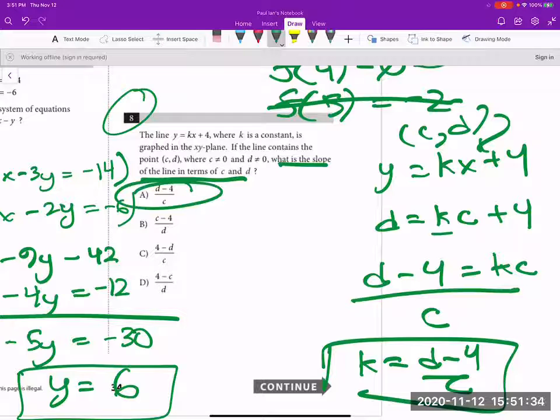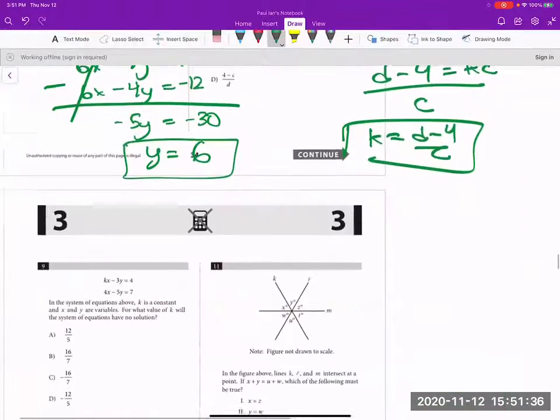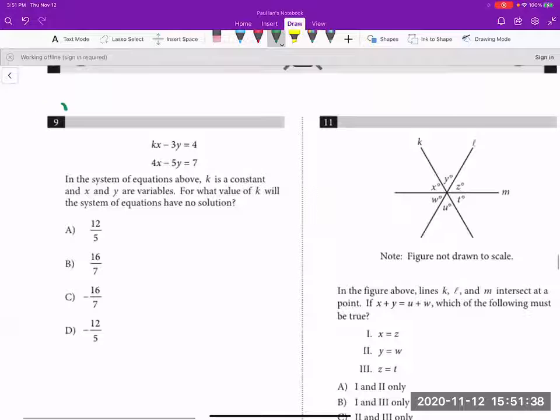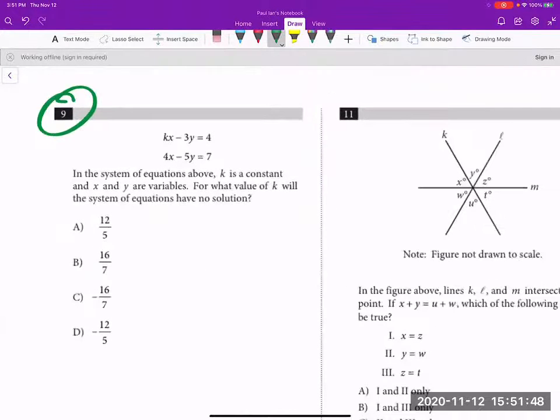Okay. Let's look at number 9. Okay, so these ones, they're going to have no solution. Are they parallel? When it says no solution, you can pretty much say that they don't intersect, right?